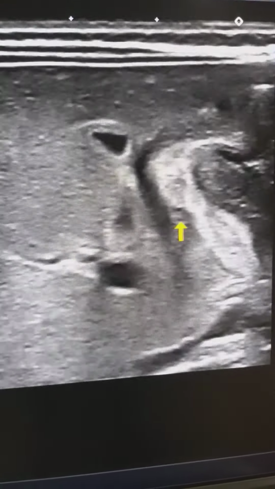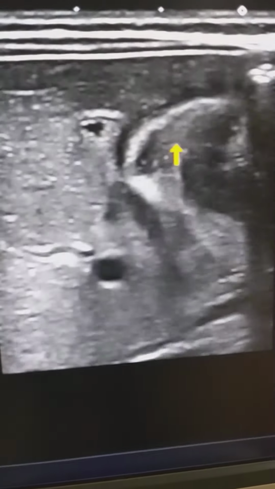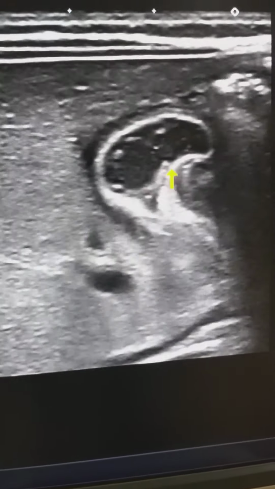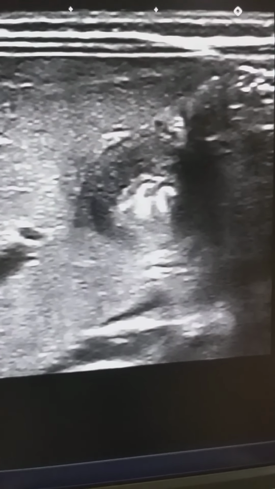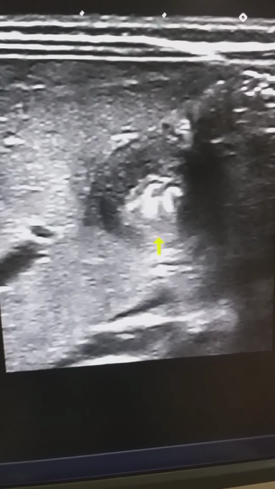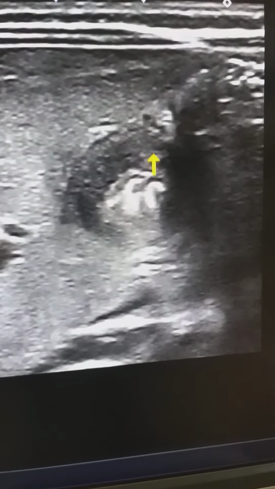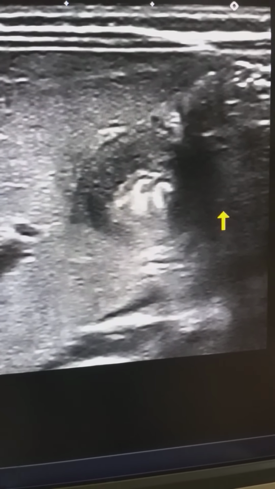Close to the gallbladder is the mass. You can see this is the stomach and this is the mass, which has a target appearance, inner echogenic mucosa, and the outer one is the hypoechoic area.